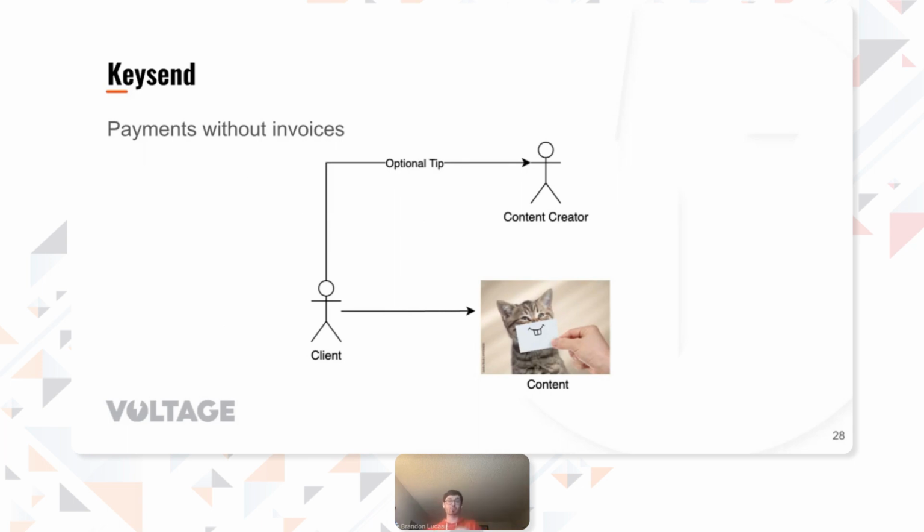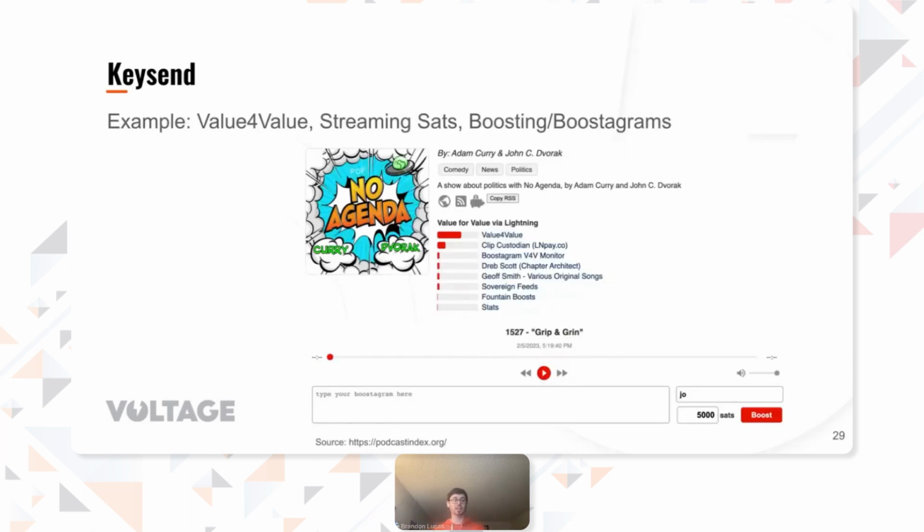So with Bolt 11 invoices, you can prove that the person paid, and that's kind of a necessary thing for most payment systems, right? But with Keysend, you don't have proof of payment. So really, what it's evolved to, kind of the niche that it's evolved to fill, is more donation models and value for value, which we'll talk about here.